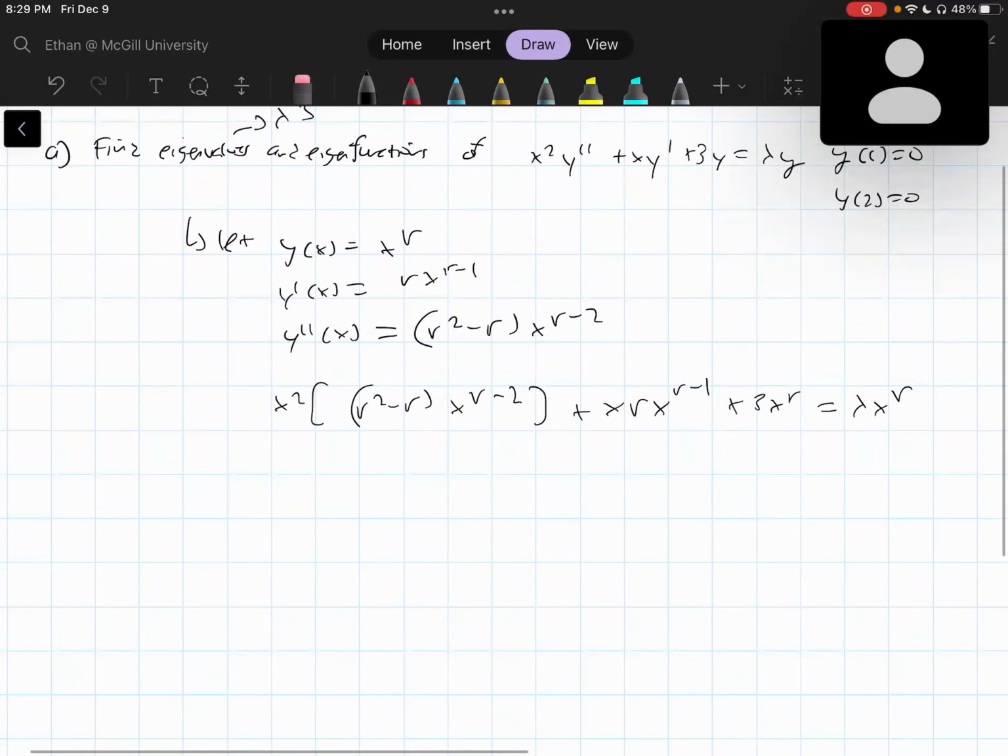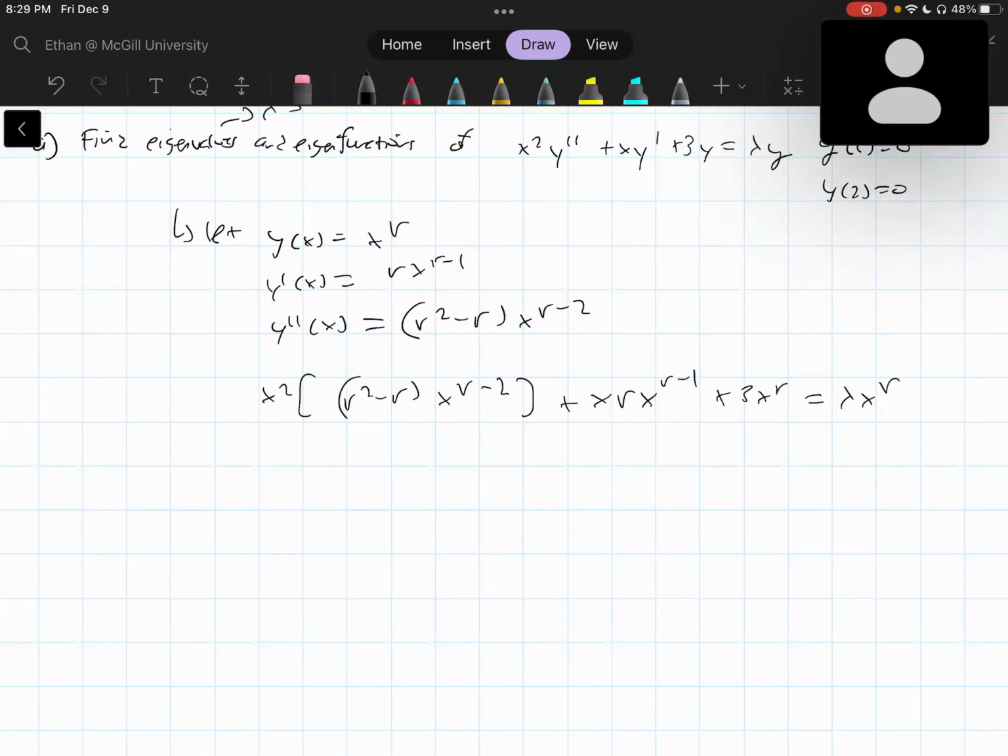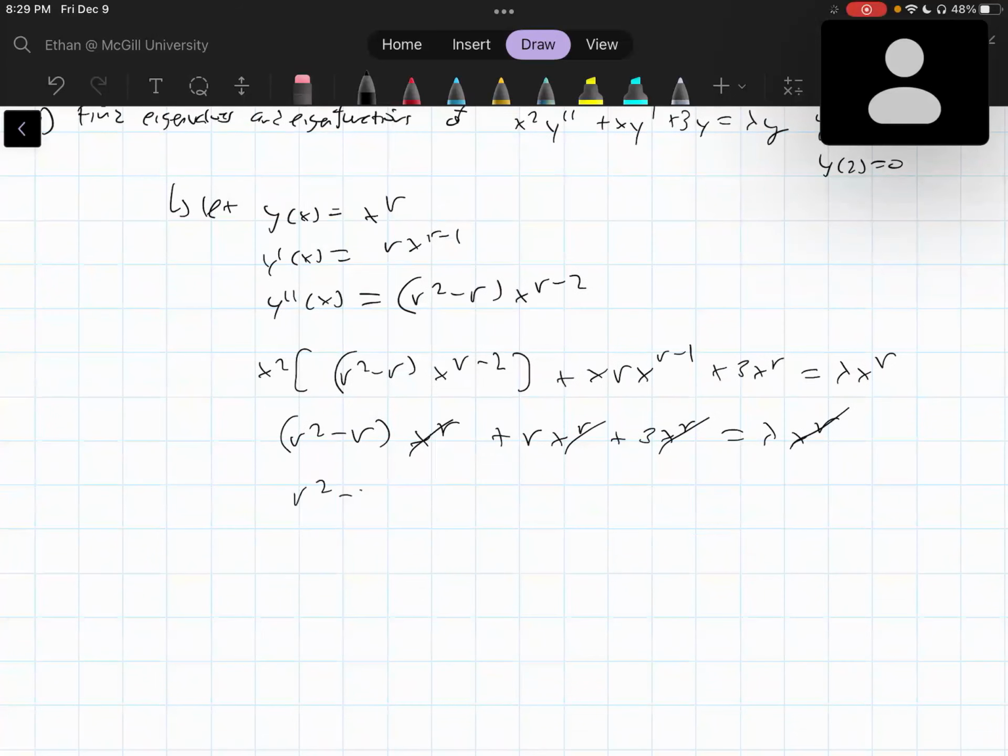Okay, and then just simplifying this further, we can factor in the exponents of the x's. Factoring out x to the r and bringing everything to the other side basically yields this equation.